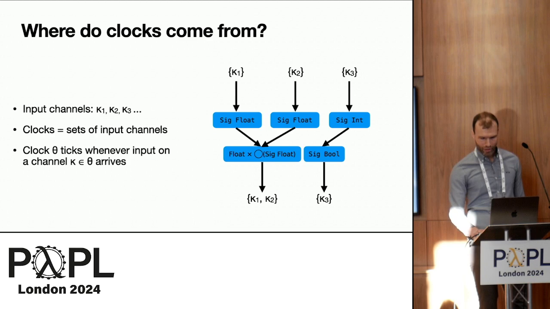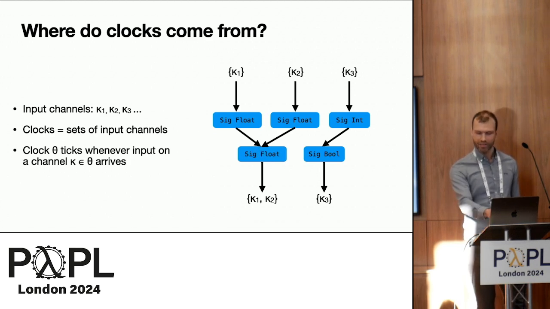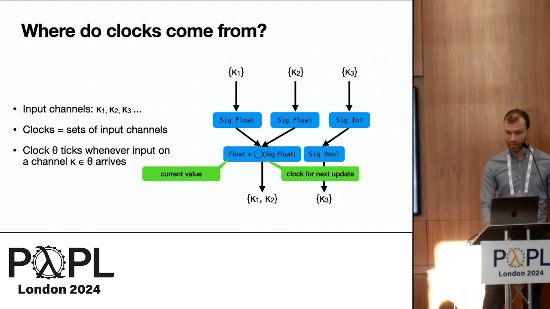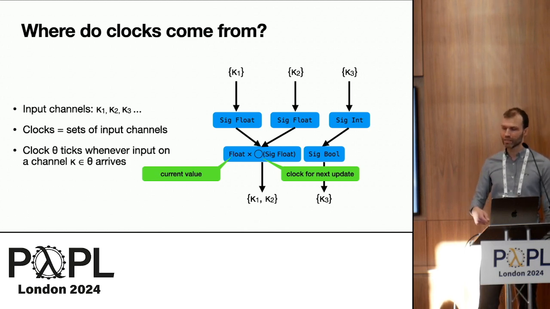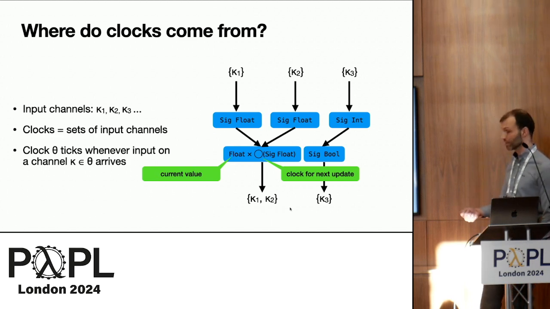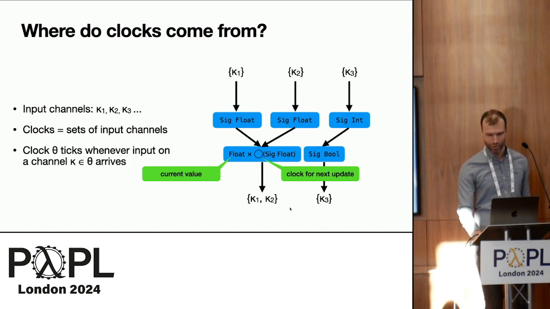So if we look at what this type, Sig of Float, actually means, if you unfold the definition, it consists of the current value of a floating point number, but also the clock. So it's a delayed computation, which also contains a clock that tells us when to update this signal. And that's exactly this clock down here. It says update this signal whenever we receive new input from kappa 1 or kappa 2.